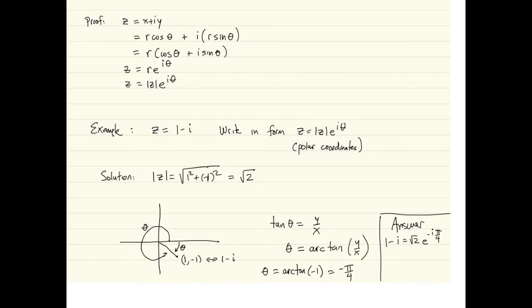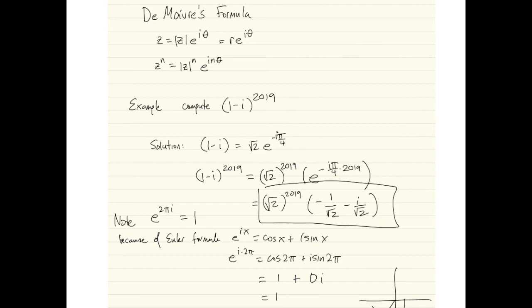An equivalent answer, or correct answer as well, would have been if you take this exponent here and add 2 pi i to it, or any multiple of 2 pi i. And the reason is that e to the 2 pi i is equal to 1, once again due to Euler's formula. I should have written that earlier. e to the 2 pi i, what is that equal to?